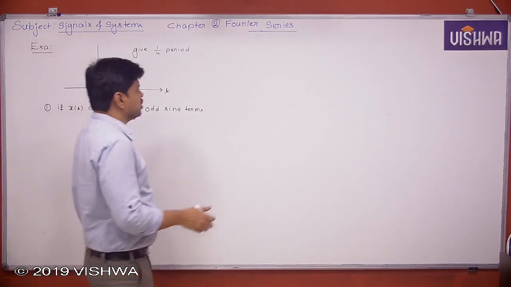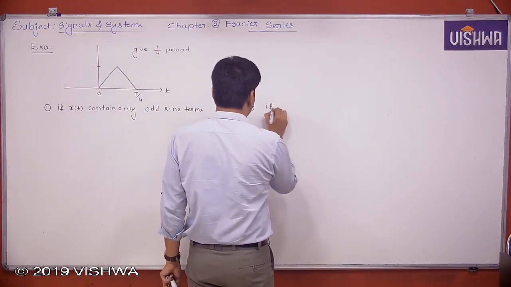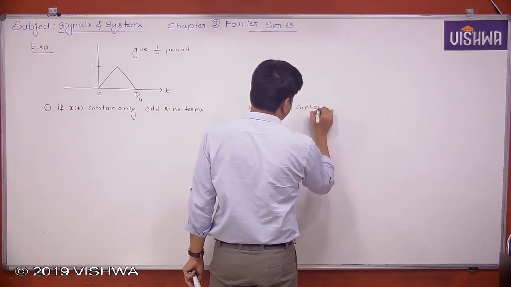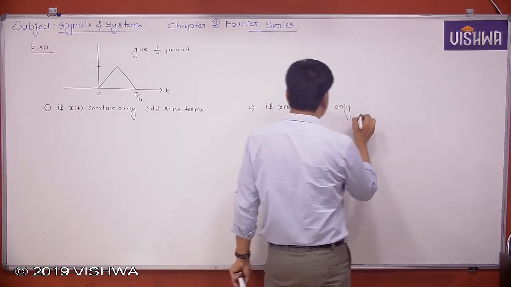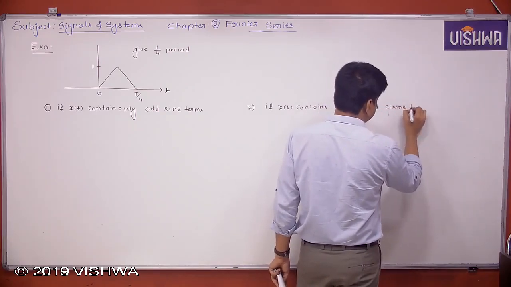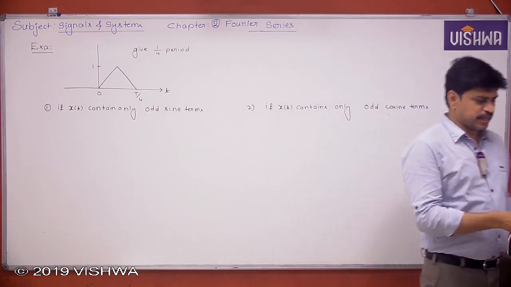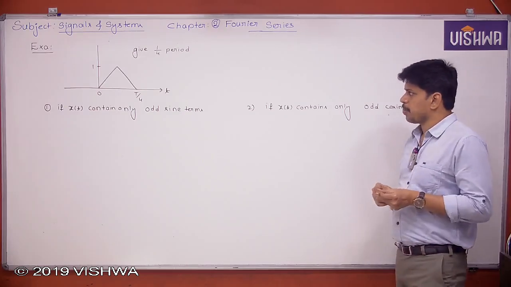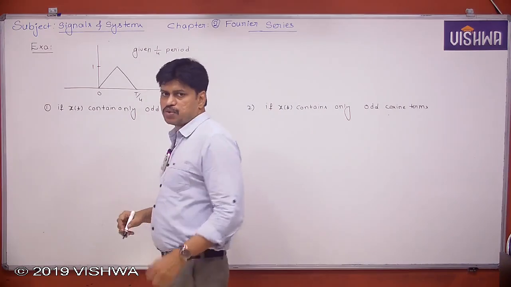In a similar way, second question: if x of t contains only odd cosine terms, then draw the full period. So given only a quarter period, we have to draw the full period.